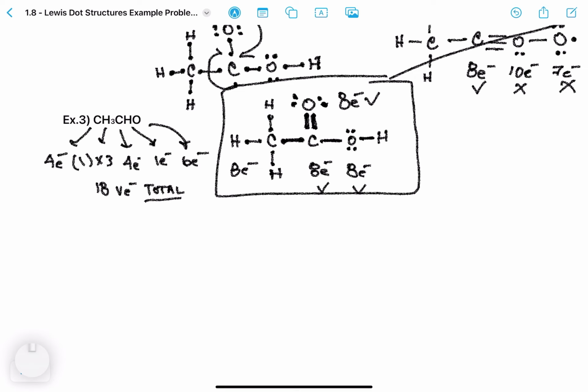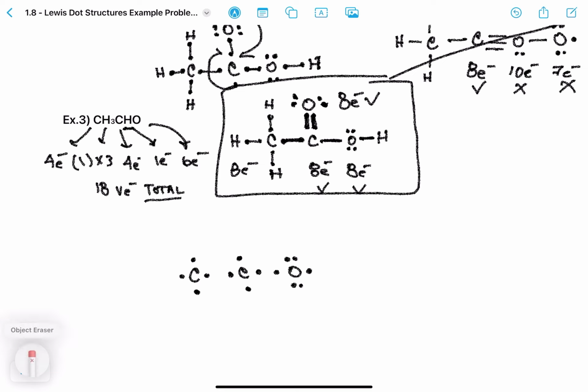Okay, and so now we're going to do the same. We're going to put heteroatoms and carbons on the inside, so I'll put my first carbon from left to right. Then I'll put my next carbon with 4 valence electrons, again, because it's in group 4. I'm going to put my oxygen next to that, and I'm going to try to put that H on the outside.